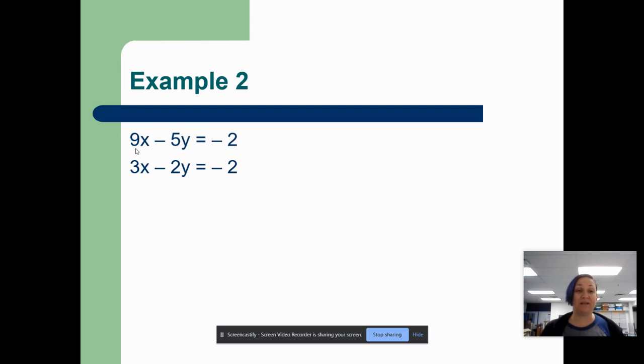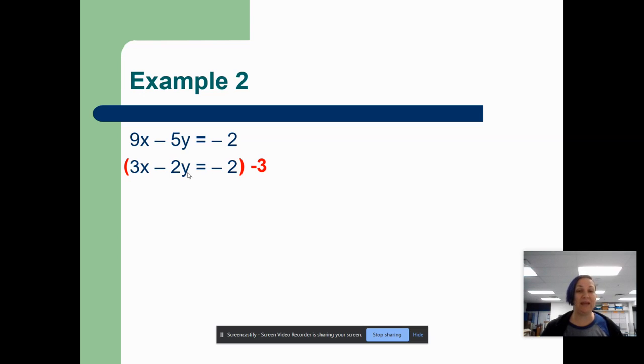I'm going to multiply my second equation by 3. So I'll get 3 times 3 is 9. But we need to do one more thing because right now both of my x's are positive numbers. And so if I just multiply by 3, I'm going to get 9 plus 9, and that's 18. That doesn't cancel. So instead, I'm going to multiply by a negative 3, and that'll create a negative 9.